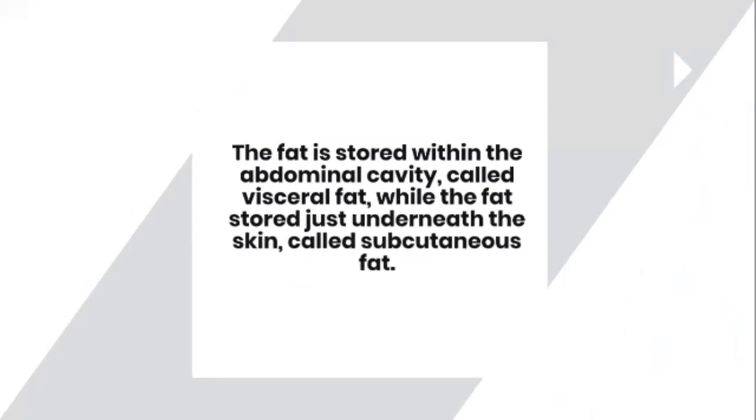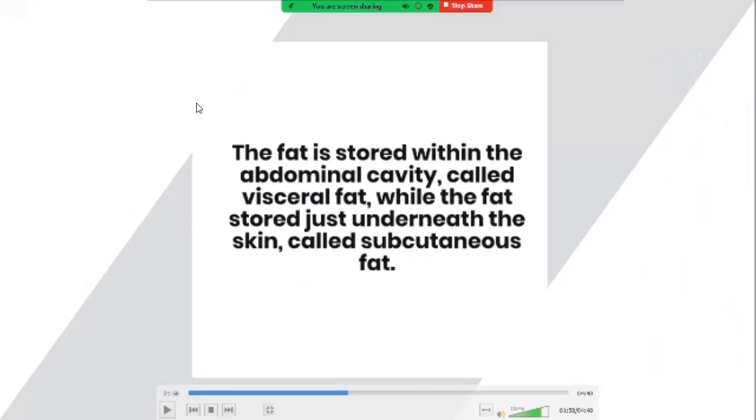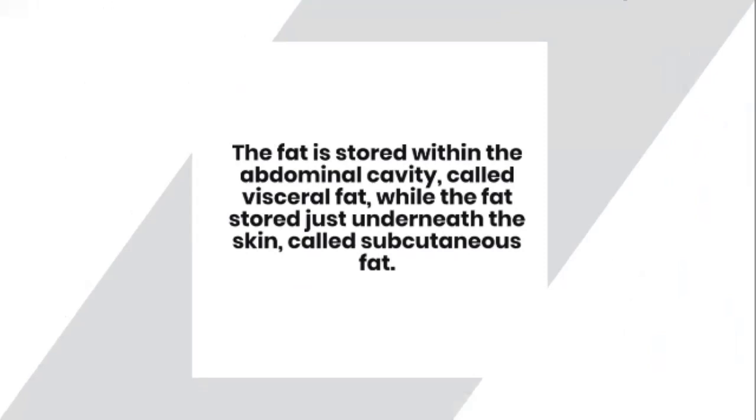The fat stored within the abdominal cavity is called the visceral fat, while the fat stored underneath the skin is called what? Subcutaneous. The visceral fat is used to protect our abdominal organs.